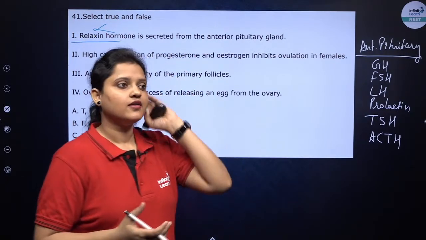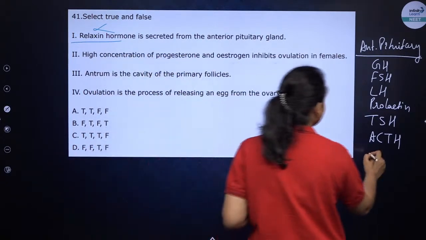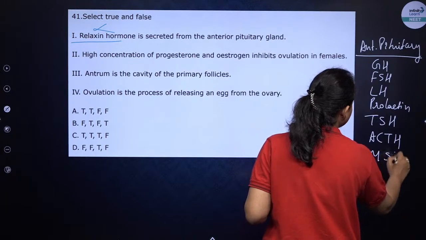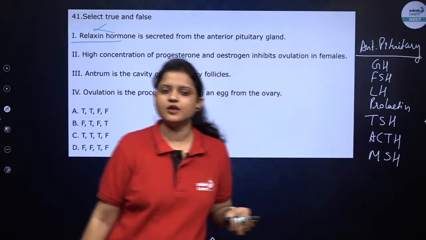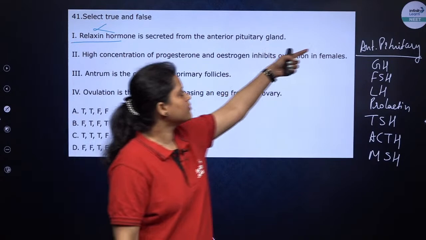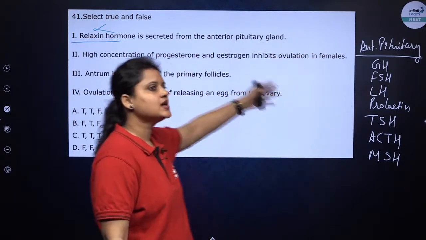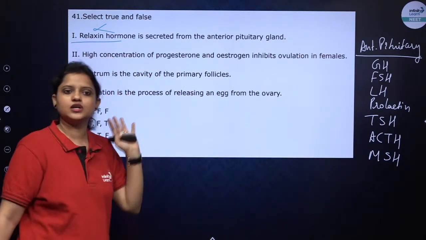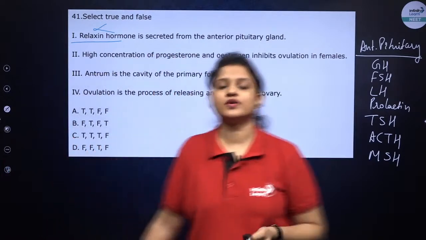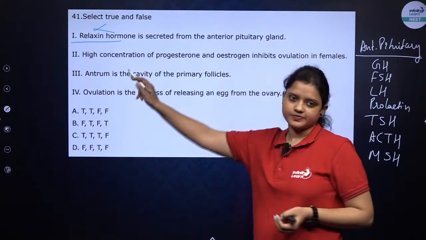That's why which other hormone comes out? Melanocyte stimulating hormone is also released from our anterior pituitary. So these 7 hormones are released from our anterior pituitary. Is the name relaxin anywhere in this? No, right? Next question.